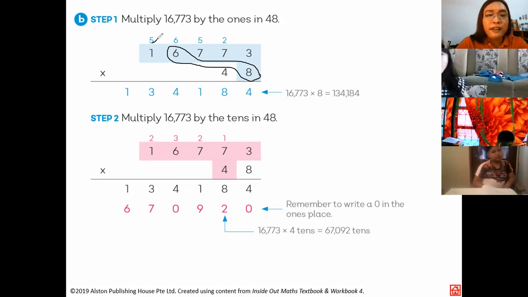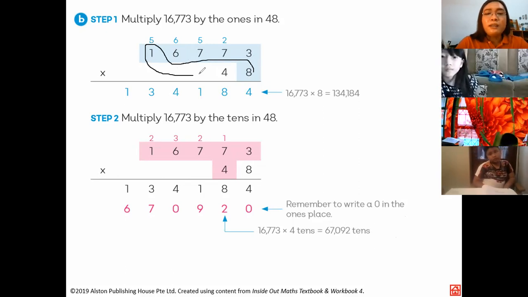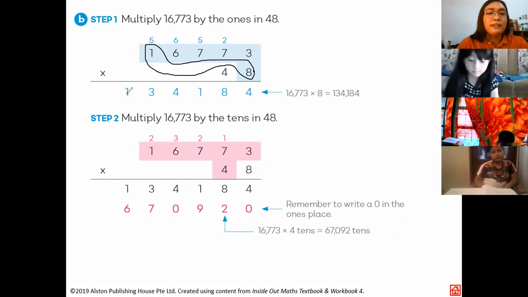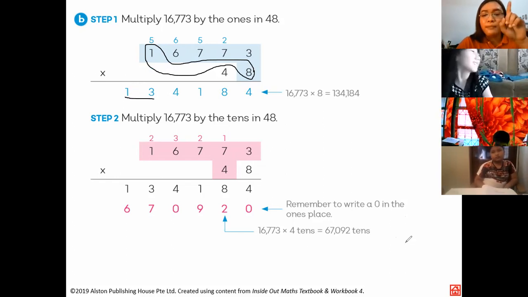So we write the 5 here and then the 4 over here. And then next, 1 multiplied by 8. That's 8, right? And then plus 5, that's 13. So we write 13. So that's step number 1.